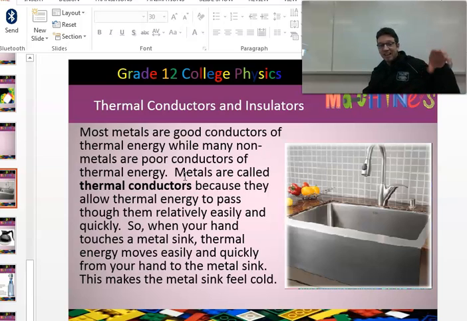Whereas the plastic rod, not very good at transferring that thermal energy to your hand. And so even though they're at the same temperature, the metal rod will feel so much hotter because all that thermal energy goes into your hand, where it doesn't when you touch the plastic rod. Okay, so that's the reason why.